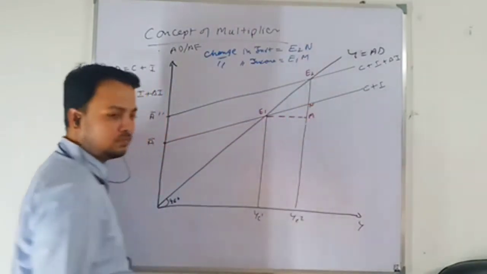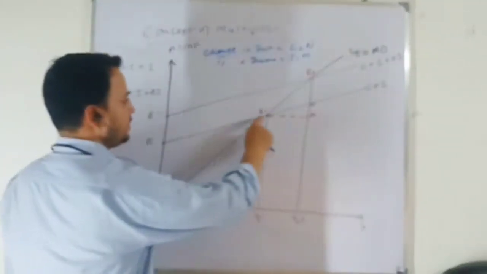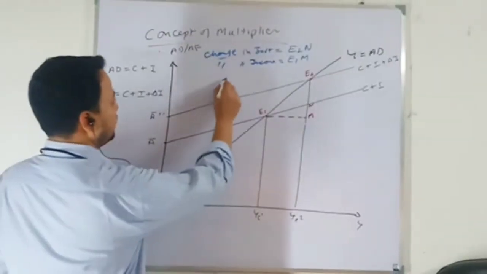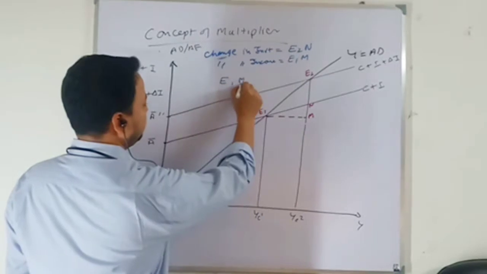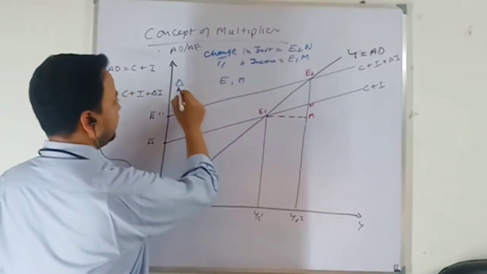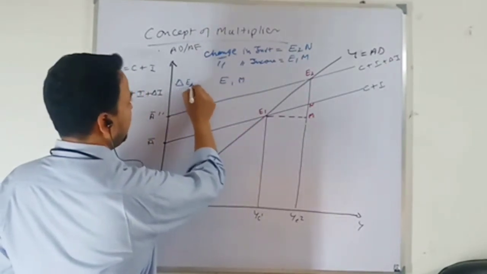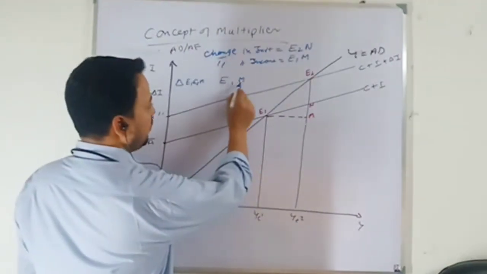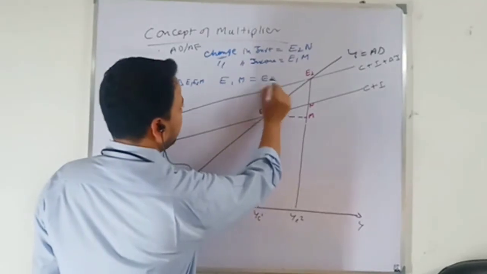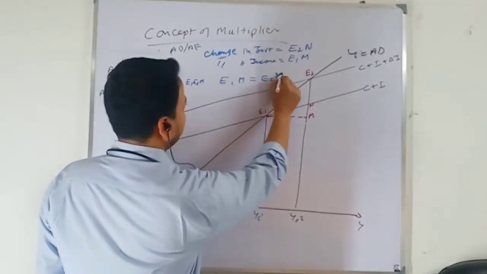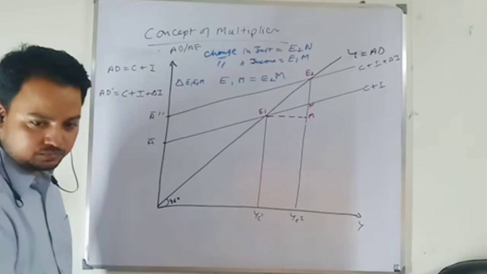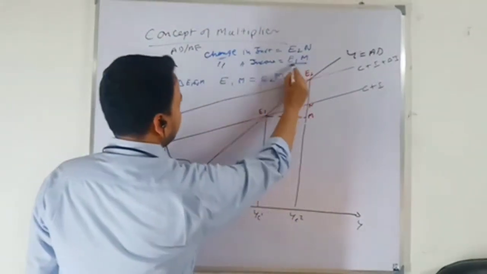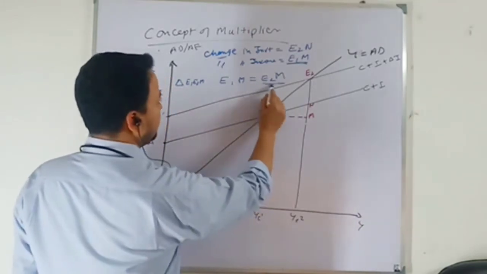Since this triangle E1 E2 M is an isosceles triangle, E1M must be equal to E2M, right? So my change in income is this much, and this is equal to this much.